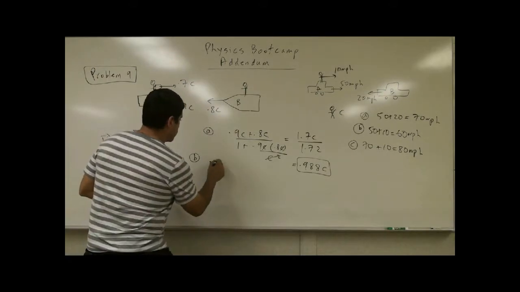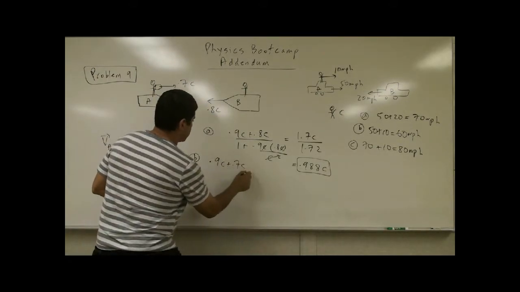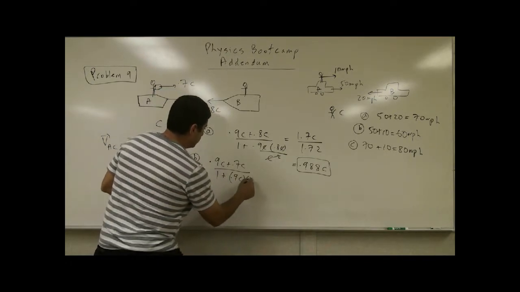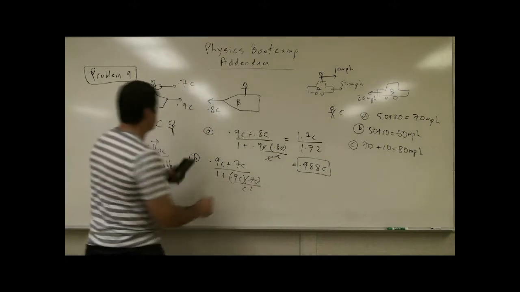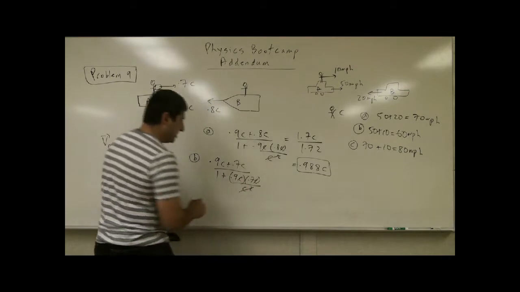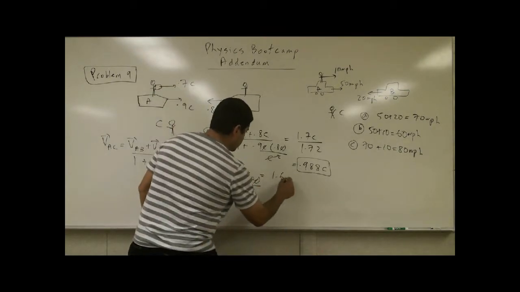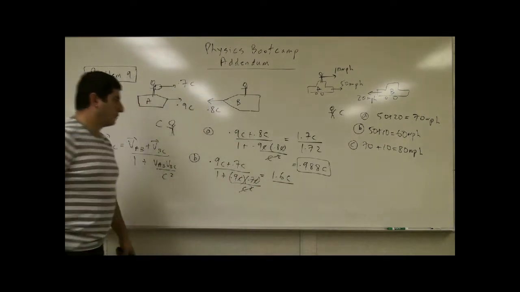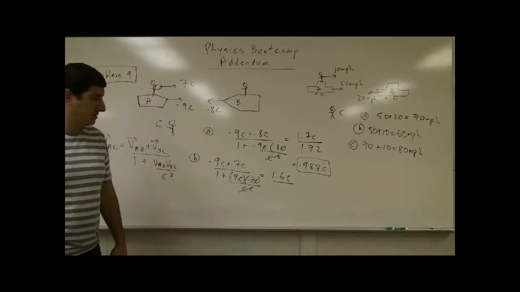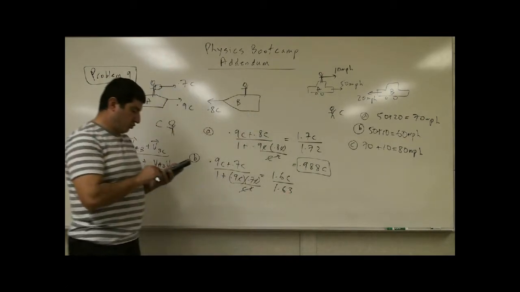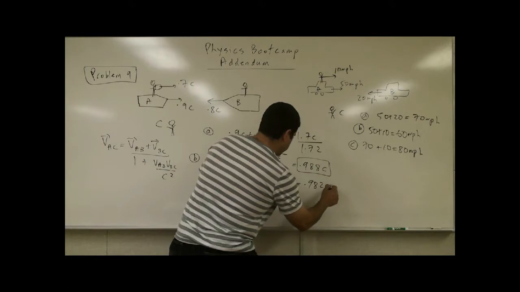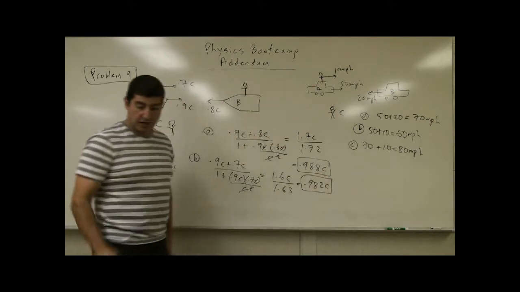You have to do 0.9c plus 0.7c over 1 plus 0.9c times 0.7c over c squared. Okay, so similar to that case, the c's cancel. You have 1.6c divided by 1 plus 0.9 times 0.7, which is 0.63. So you're going to do 1.6 divided by 1.63, times the speed of light. Okay?